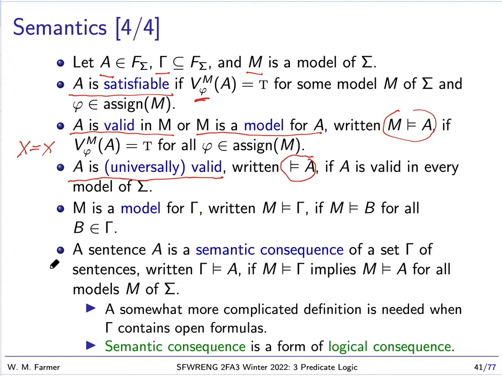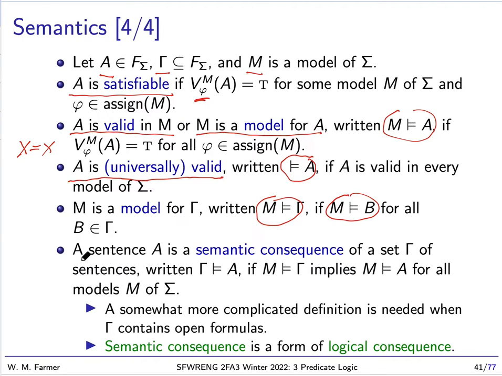Okay, so we can also define a model for a set of formulas, which we write like this. Remember, this is how we write M is a model for A, and here's M is a model for a set of formulas gamma. What that means is M is a model for B for all B in gamma.